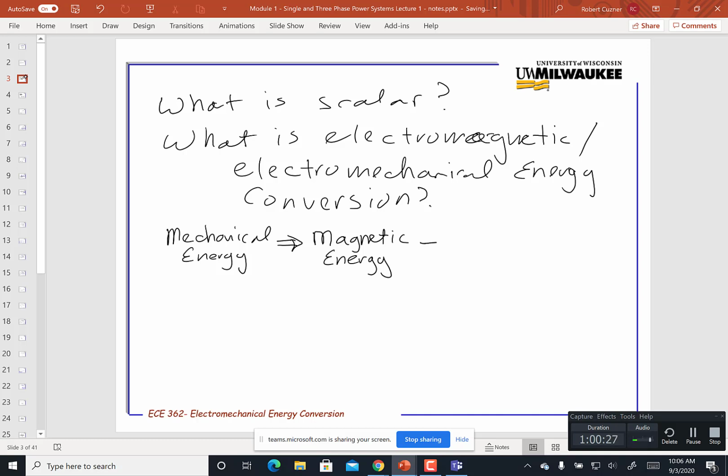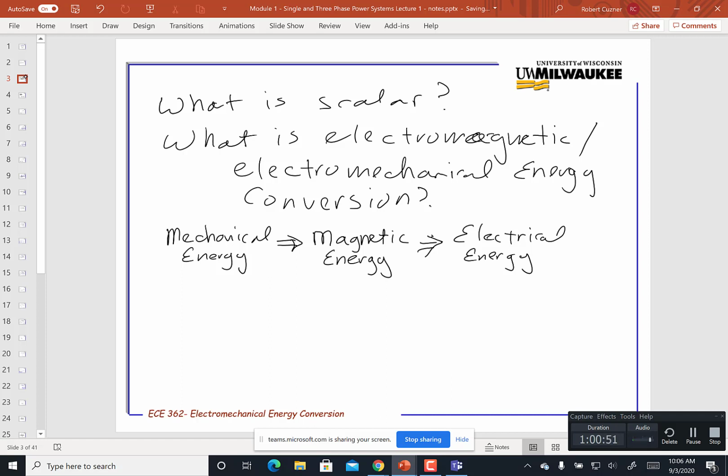And magnetic energy then, through various things that we're going to learn in this class, becomes electrical energy. Some of that energy is lost and some of it actually does useful things.